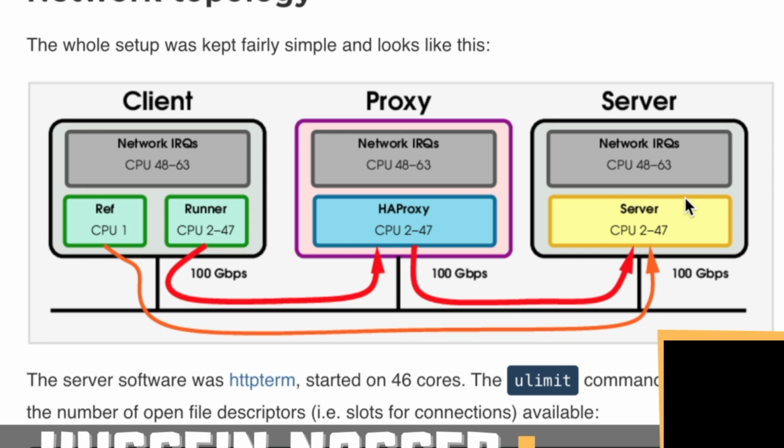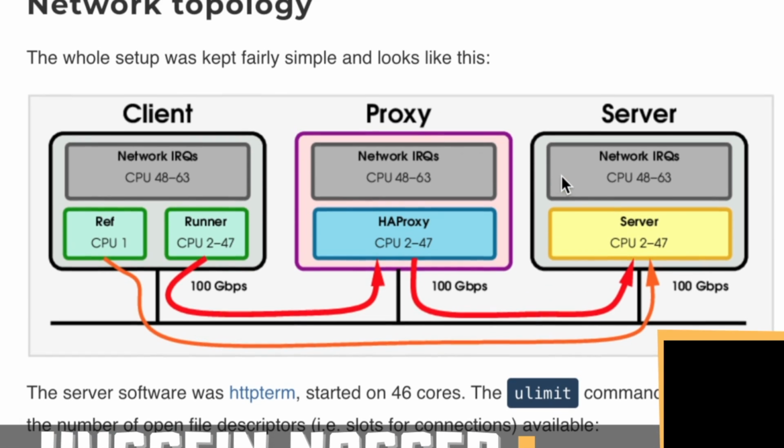And cores from 2 to 47 are dedicated for the actual running processes: this is HAProxy on the proxy machine, the server, whatever server they're using, and the client process that spits out all this content on the client machine itself, right?